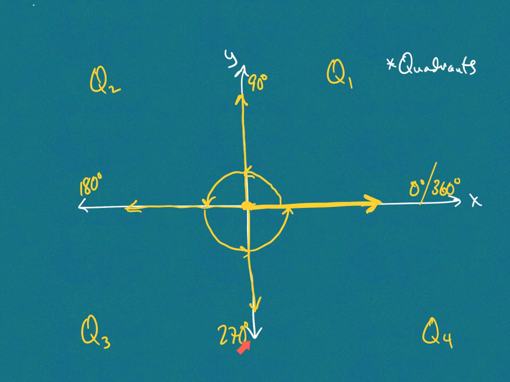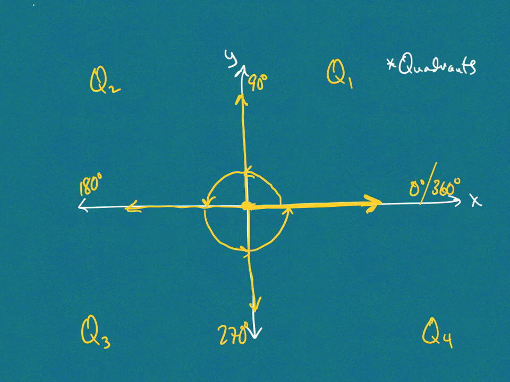Well, 306 is between 270 and 360, so therefore a 306 degree angle would be in quadrant 4 somewhere, and so on. Okay? So I need you to draw this picture so that when I give you an angle, you know what quadrant it's located in.